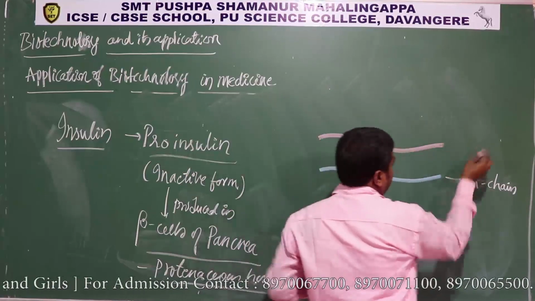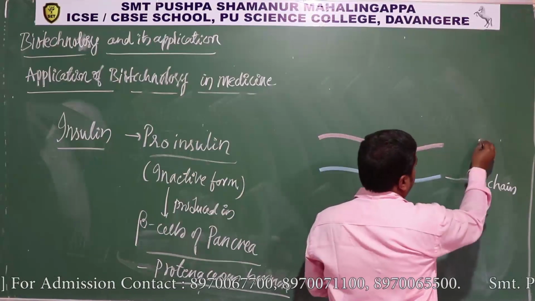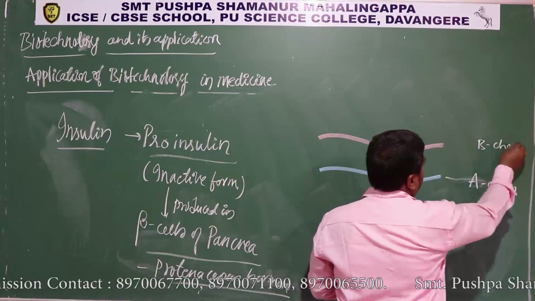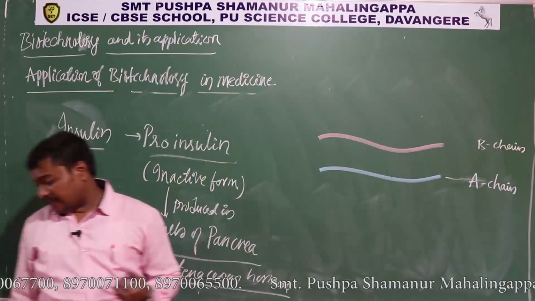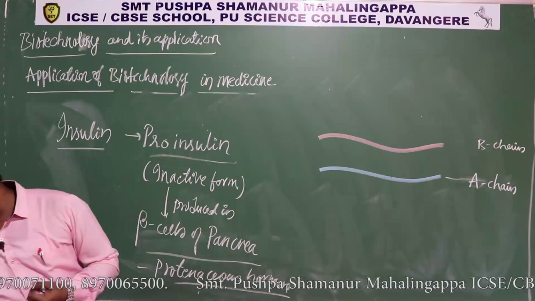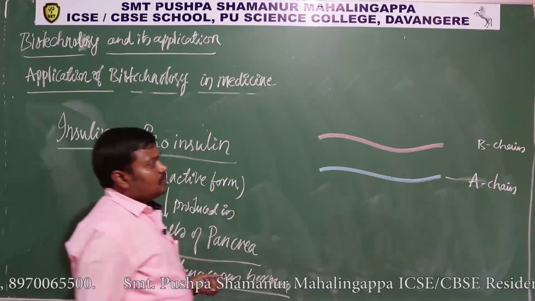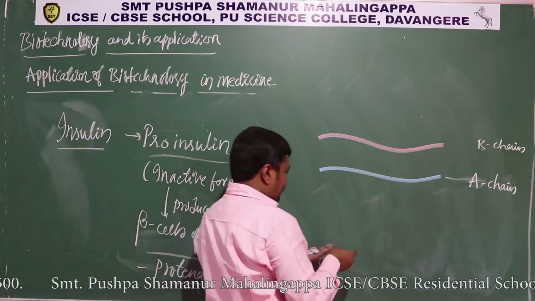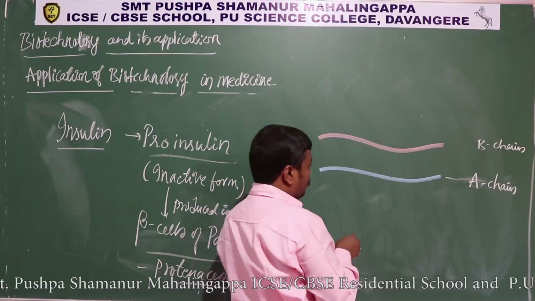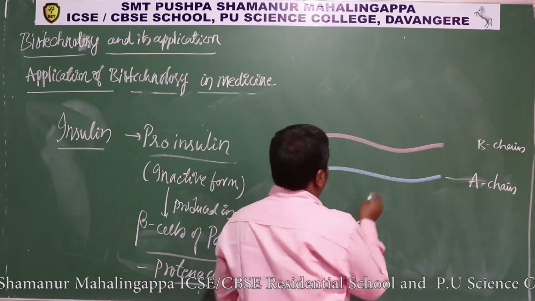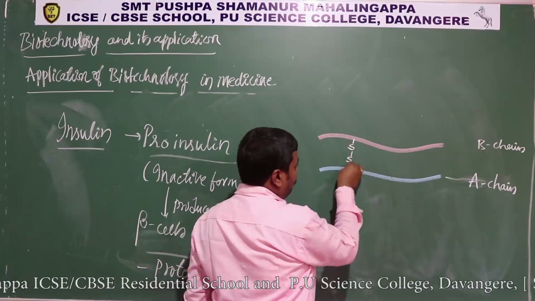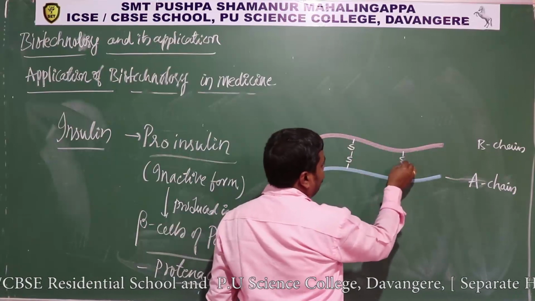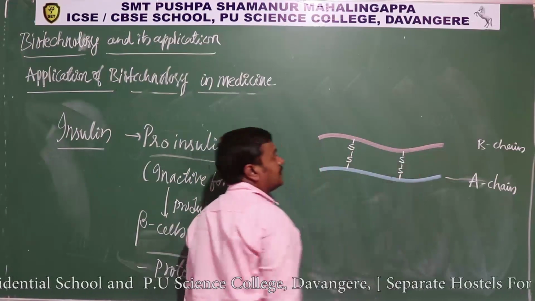So this is B chain. ಇದರಲ್ಲಿ 2 ಚೈನ್ಸ್ ಇರುತ್ತೆ, A chain and B chain. So this A chain and B chain, they are interlinked together by disulfide bond. Disulfide bond, ಇಲ್ಲೂ ಕೂಡ disulfide bond ಇರುತ್ತೆ.